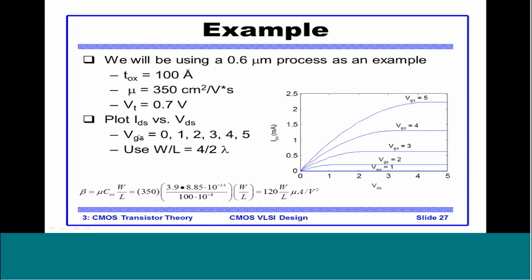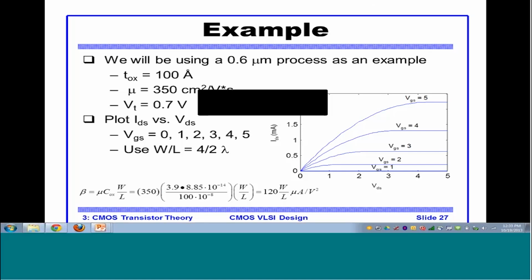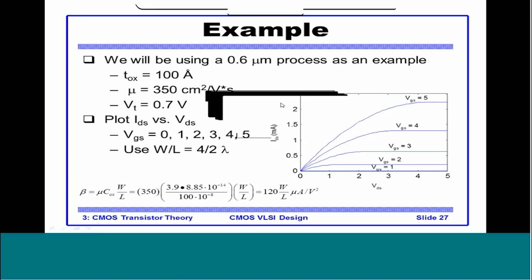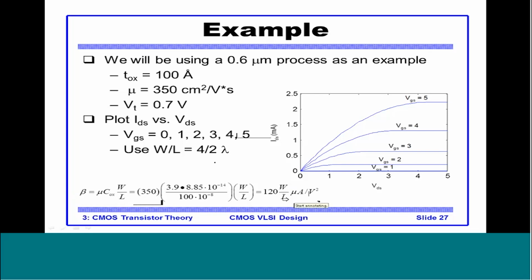Now we have plotted IDS versus VDS at different values of VGS. The W by L is used as 4 by 2 lambda. If you go back to the first lecture, lambda is nothing but the feature size by 2, the feature size being the channel length. Here the beta is calculated and the values plugged in.